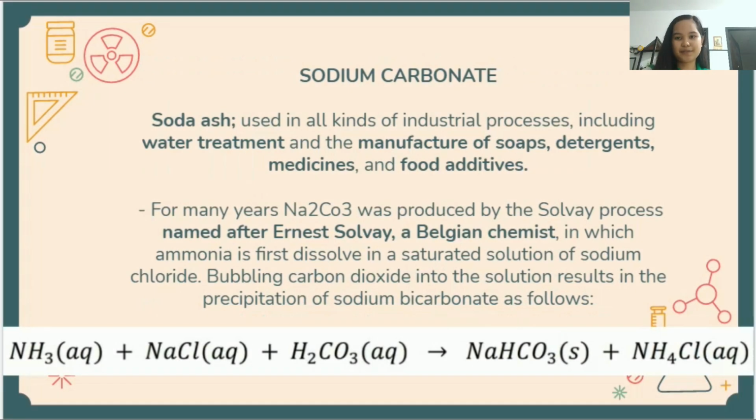Sodium carbonate. Sodium carbonate, also called soda ash, is used in all kinds of industrial processes, including water treatment and the manufacture of soaps, detergents, medicines, and food additives. For many years, sodium carbonate was produced by the Solvay process, named after Ernest Solvay, a Belgian chemist, in which ammonia is first dissolved in a saturated solution of sodium chloride.